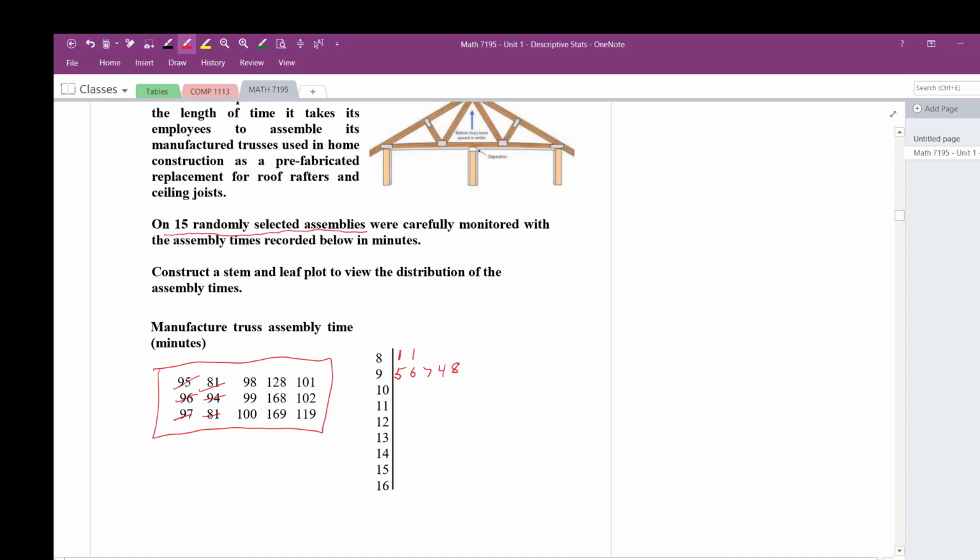We have 98, 99, 100, 128, 168, 169, and then we have the rest, 101, 102, and 119. What we get at the end of this is a rather crude-looking histogram.